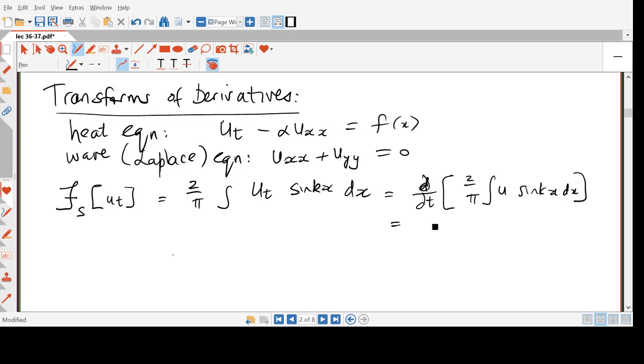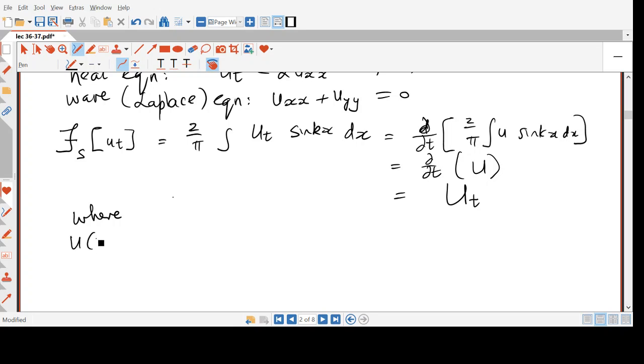And that's precisely the derivative with respect to t of capital U, in other words, capital U t, where this capital U has the same behavior for the Fourier integral theorem.